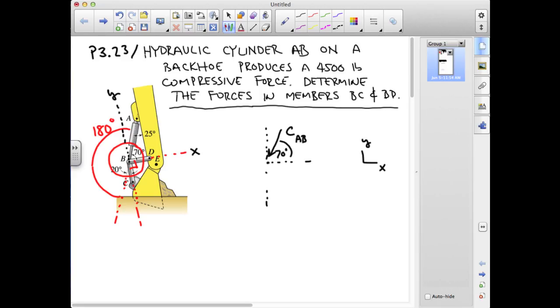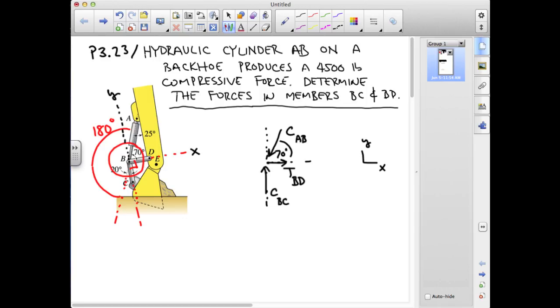That tells me that the member BC is going to be in compression. Again, I can verify this after the fact, but I'm going to represent this as the compression in BC. And then I ought to have a tensile component in BD to react the horizontal component from the hydraulic cylinder CAB.